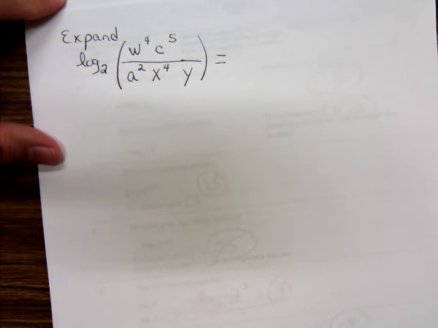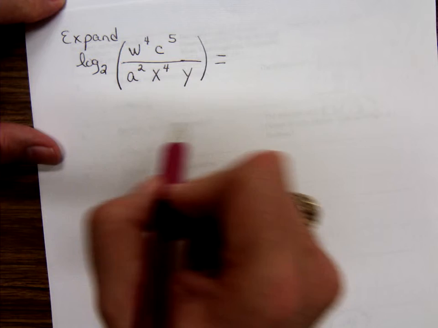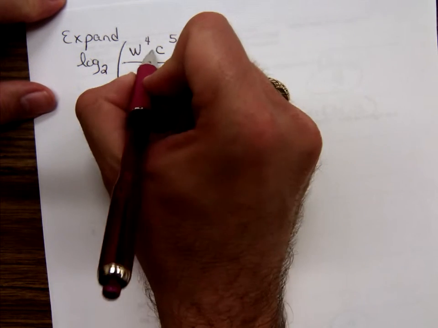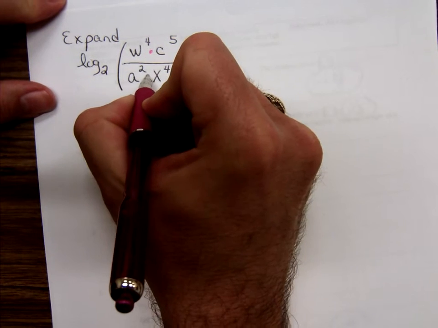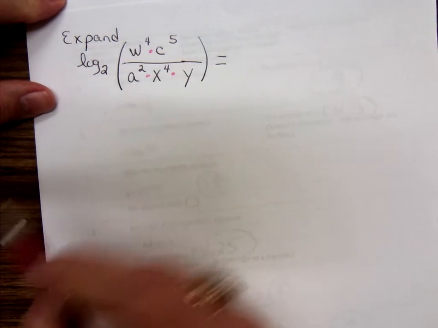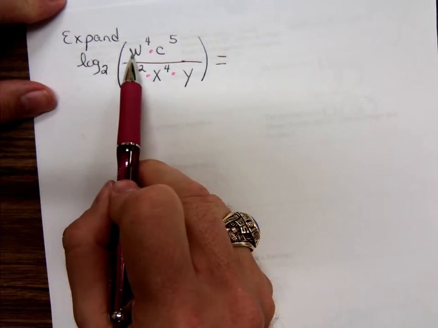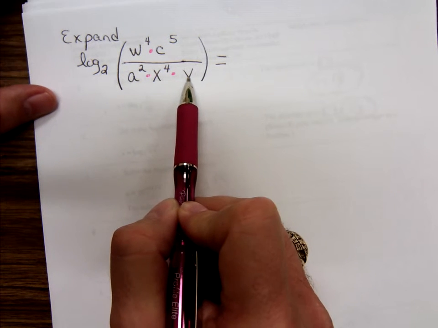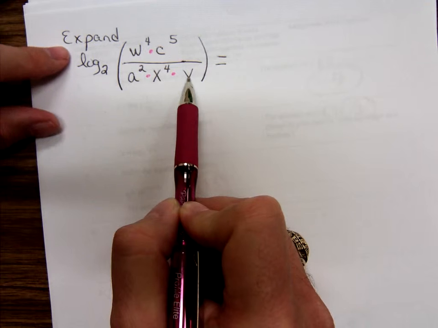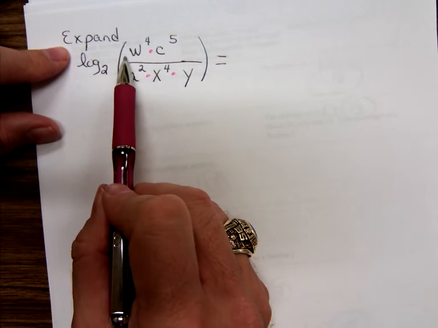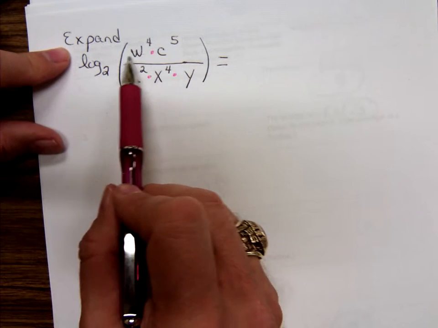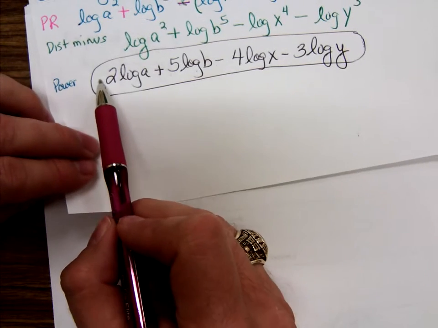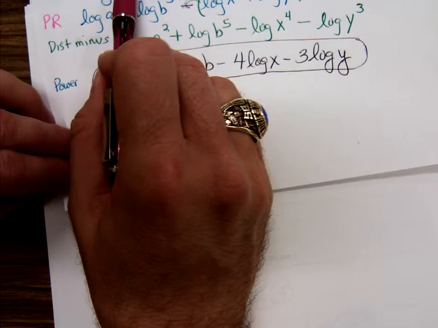Well, we separate these things wherever there's multiplication and division. So there's going to be 1, 2, 3, 4, 5 logarithms in our answer when we expand it. The stuff that's on top has a plus sign in front of it, or it's the understood plus, like this one right here, the a squared.